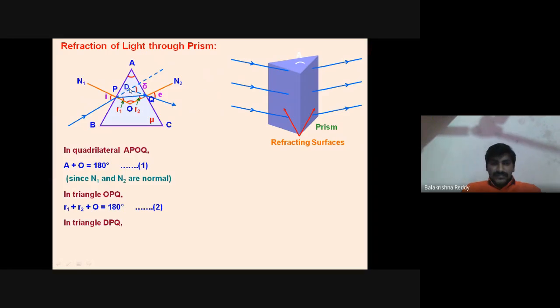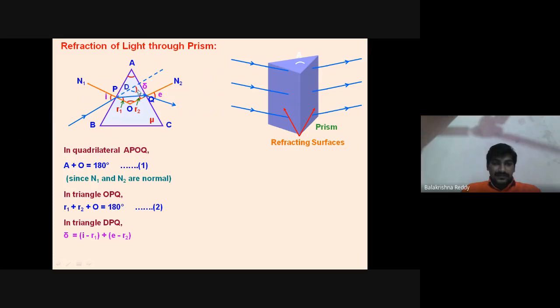From the previous case, angle R1 plus angle R2 plus O gives us 180 degrees. But in triangle DPQ, here no angle, here no angle, it depends on the exterior angle, alternate exterior angle rule.